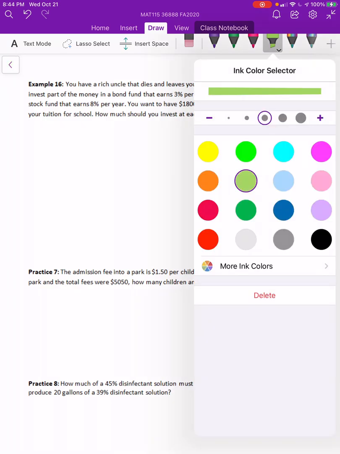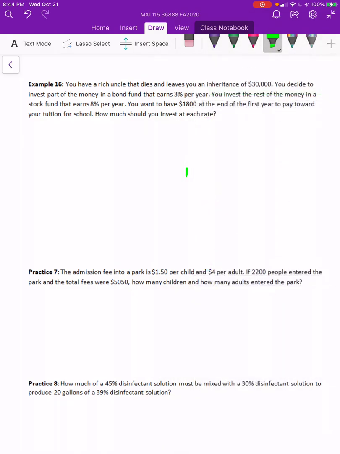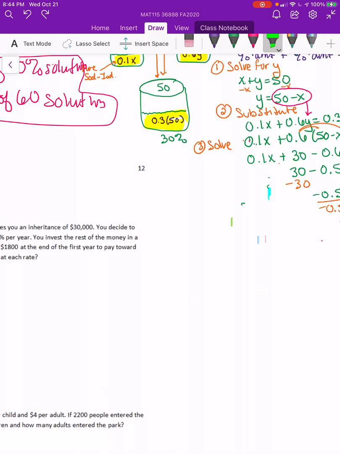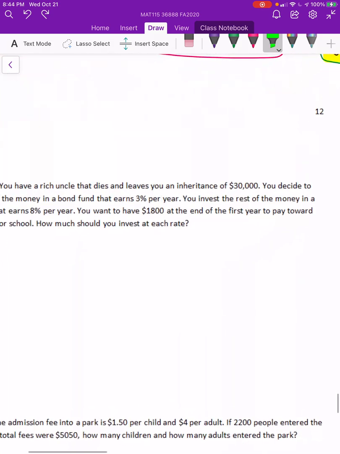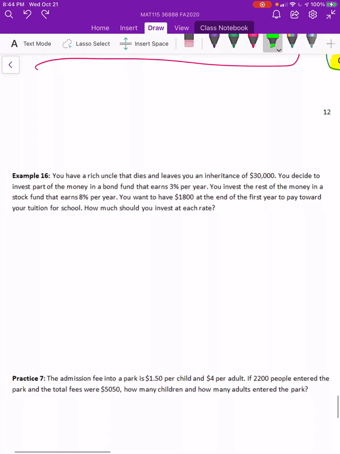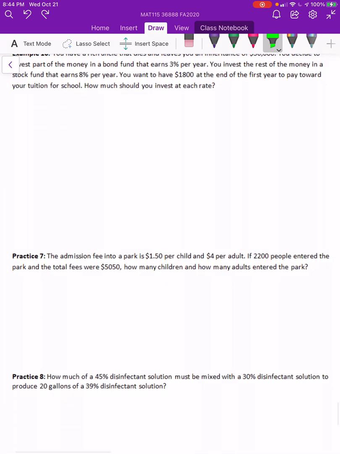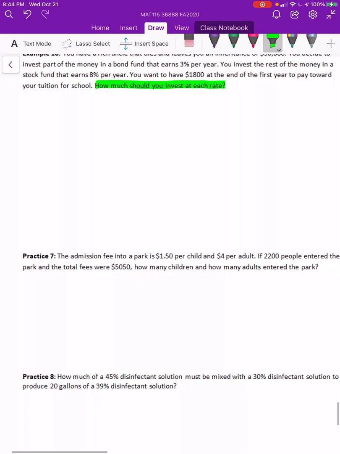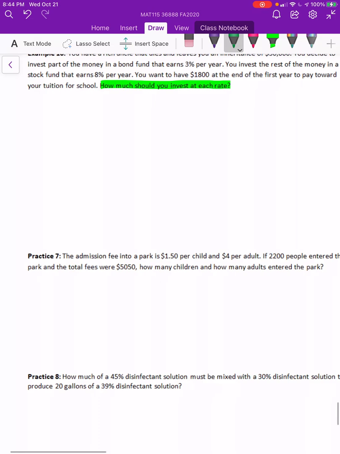All right, and then the question says, how much should you invest at each rate? Okay, so now the first step whenever you have any word problem is to read through it, highlight the question, and then define what your variables are. The variables should answer the question.